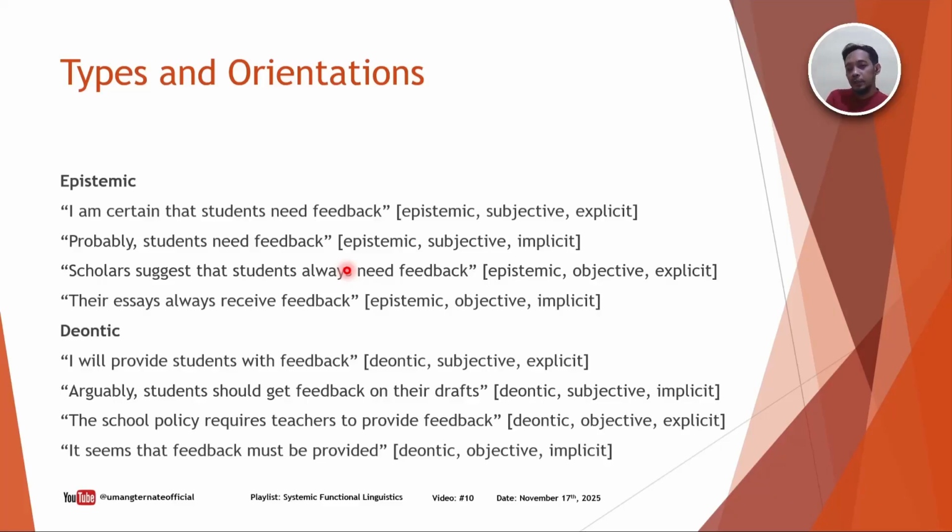But the modality is objective because the source of the modal meaning comes from outside the speaker, in this case, the scholars. And in terms of orientation, this modality is also explicit because the source is clearly identified here, which is the scholars.